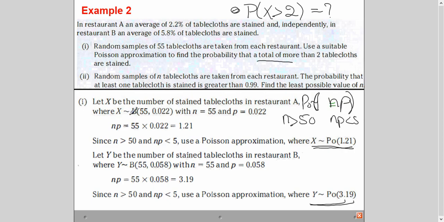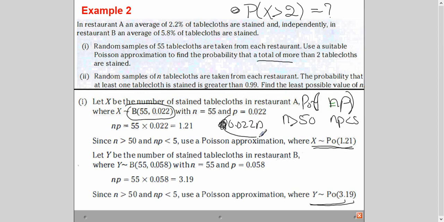Now, if you notice here, when you were solving this and finding NP, you multiplied 55 by this, right? So in both the restaurants, when there are n tablecloths, instead of 55, now you will have n. So your NP will be n times 0.022. Or if I write algebraically, we write the letter later.